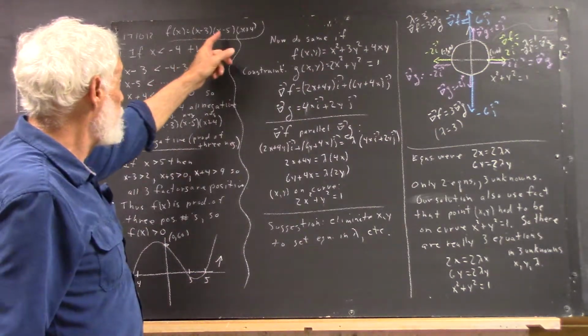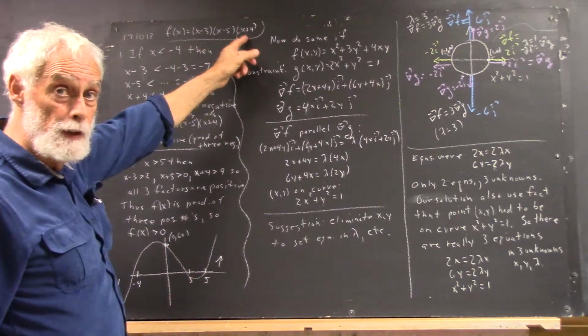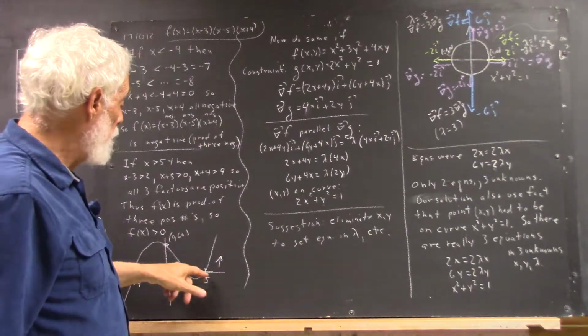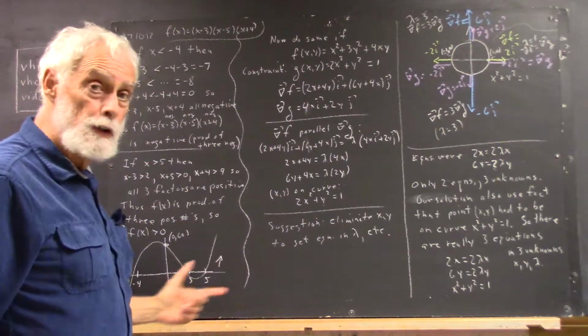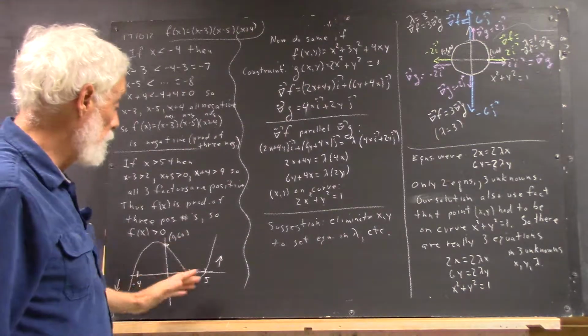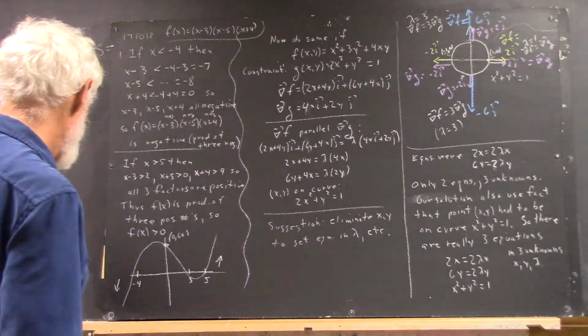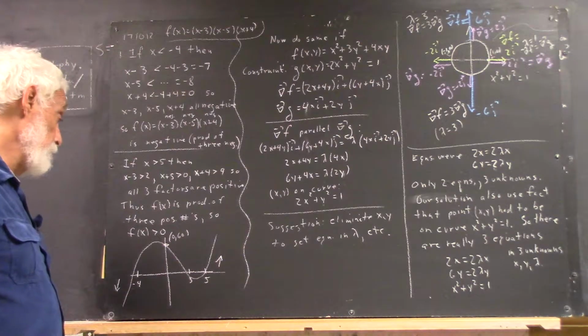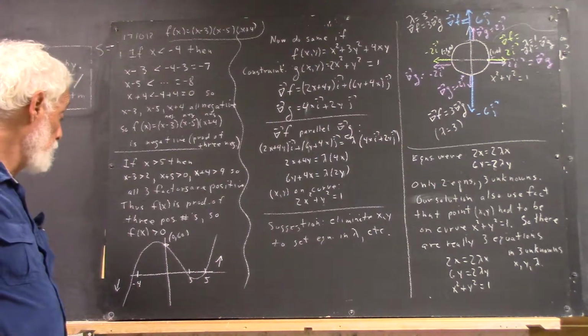That is, this is positive, this is positive, this is positive. So when we multiply them together, we get a positive. So the graph has to be above the axis out here to the right of x equals 5, for x values greater than 5. Now we have most of the evidence we need to draw the picture of this graph.